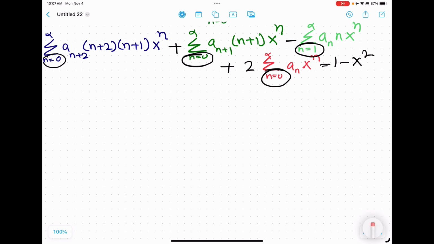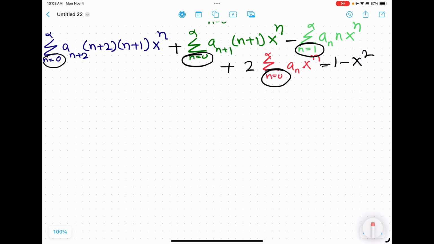So that means we shift the indices of the power series with the smaller starting index, that is 0, to match the one with the larger index, which is 1.